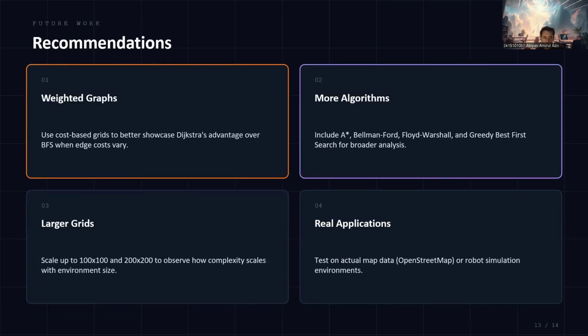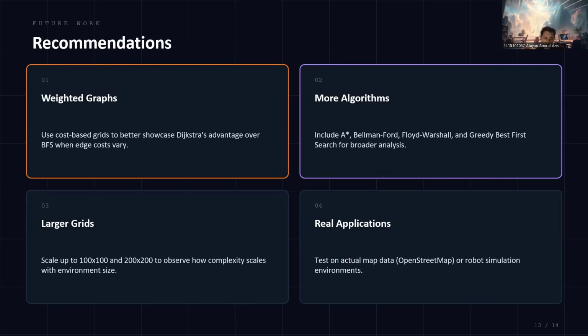For the recommendations: for weighted graphs, use a cost-based grid to better showcase Dijkstra's advantage over BFS when edge costs vary. Then add more algorithms, including A*, Bellman-Ford, Floyd-Warshall, and greedy best-first search for broader analysis.